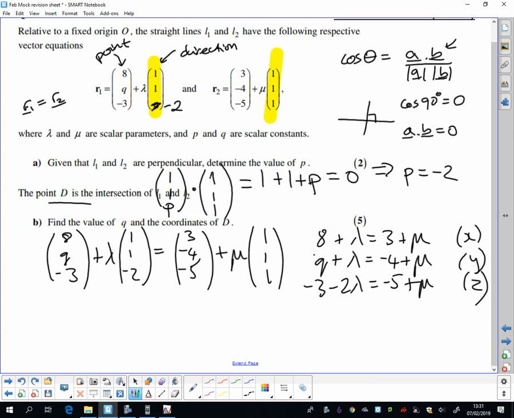Right, we've been told this is the point of intersection, so we're not going to need to prove they intersect. So we can use the first equation, just rearranged, and then the last equation, because that doesn't have a q in it.